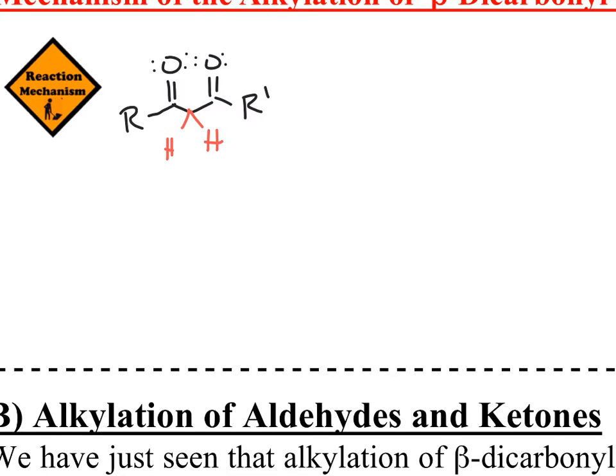And we're under basic conditions, so we'll have either hydroxide or alkoxide. We'll use hydroxide for ease. We'll come in and abstract one of the two hydrogens, giving us the enolate.